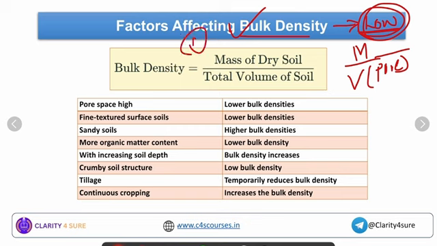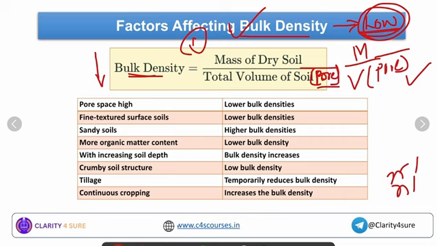The next point that I want you to note down is that bulk density and porosity have an inverse relation. Whenever the pore space increases, the bulk density is going to reduce, and both are ideal situations. We want an optimum number of pores, with about 25 percent air and water, which is good for aeration and root respiration.